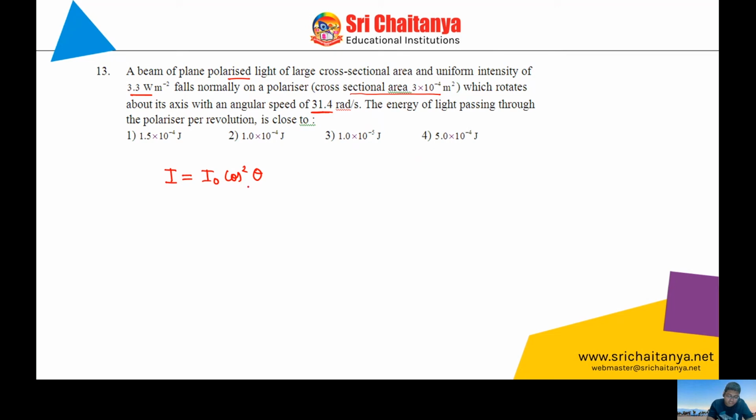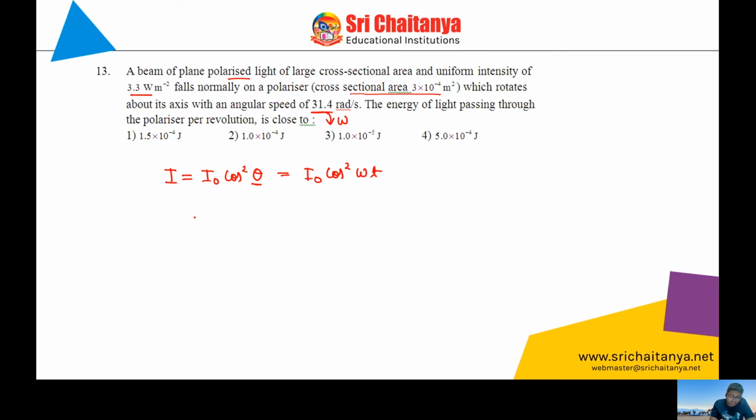This theta is continuously changing because the polarizer is rotating with an angular speed of 31.4. Let's say this value is omega. So theta as a function of time, we can simply write it as I naught into cos square omega t. This is the intensity as a function of time of the light which is coming out of the polarizer, the intensity that is passing through the polarizer, you can say.